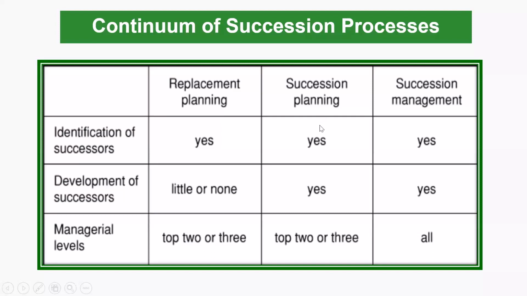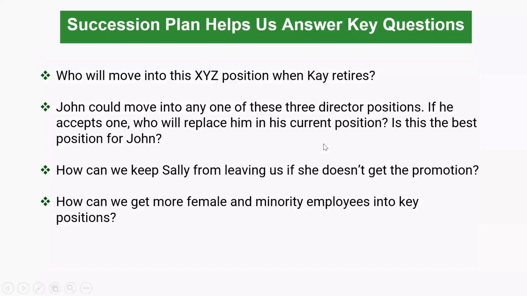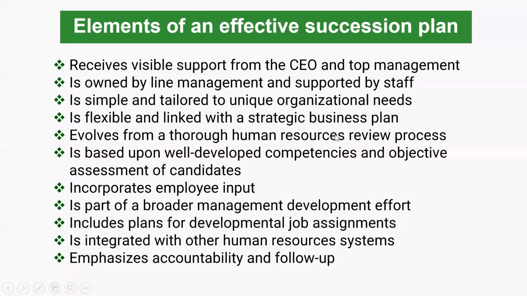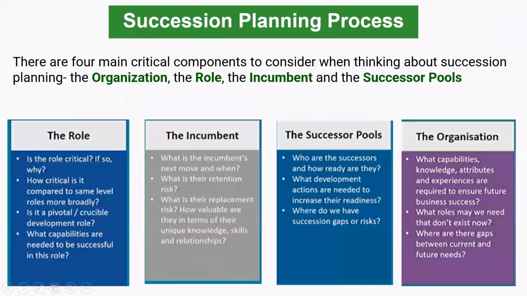A lot of organizations also do that, but our interest today is on succession planning, and we're going to talk a lot around it. Before you can implement a succession planning program, there are 4 main critical components that you have to put in place.